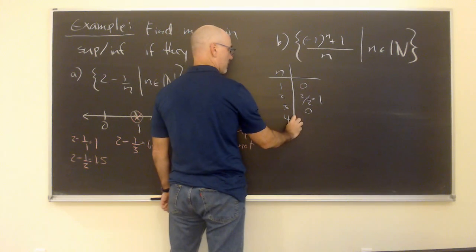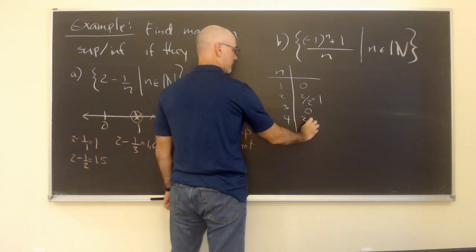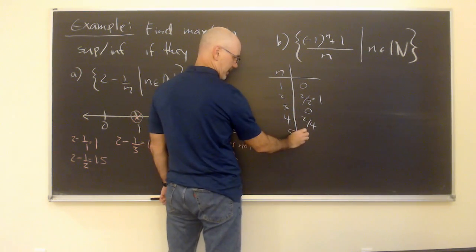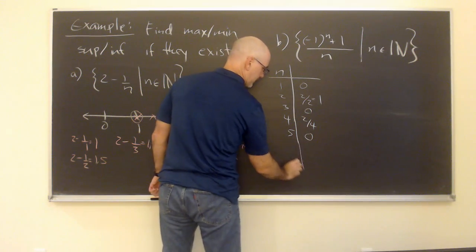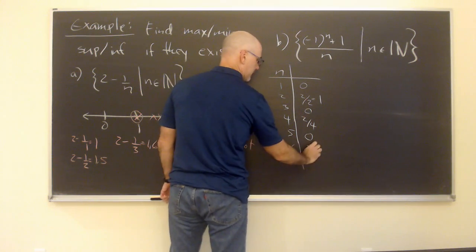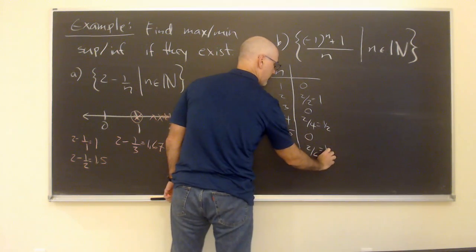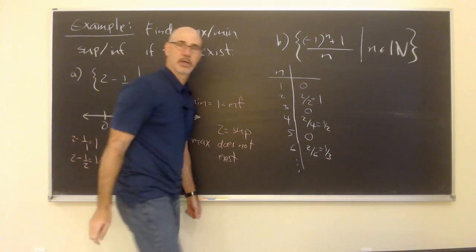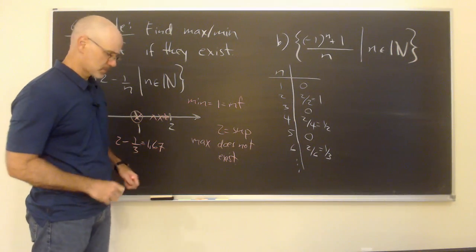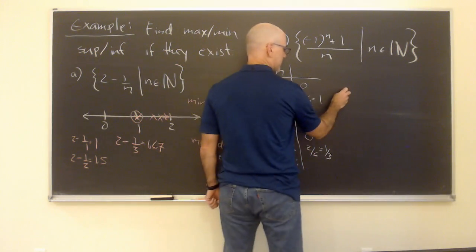And if n is 4, 2 over 4. And so we see a pattern where every odd term is 0, every even term is 2 over that denominator.